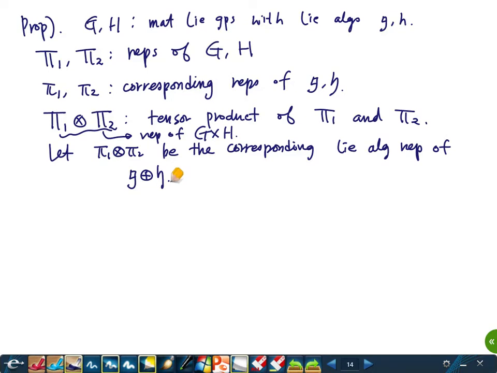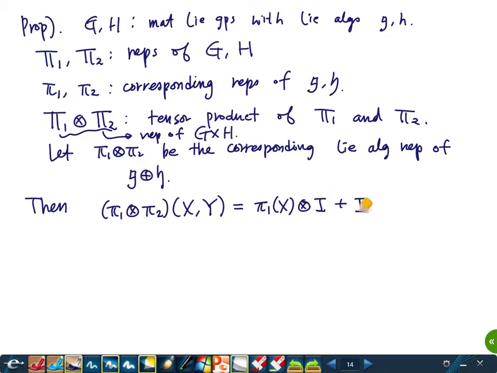Then the theorem says that this representation acts on x comma y as pi 1 x tensor identity plus identity tensor pi 2 y, for all x in the Lie algebra of G and y in the Lie algebra of H. So it looks a little different.